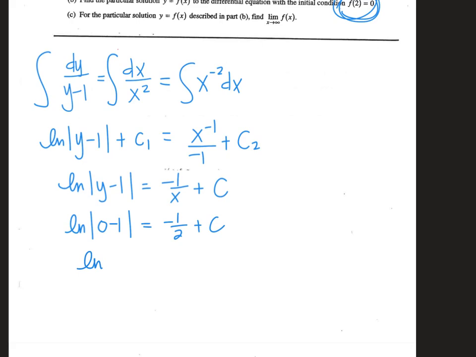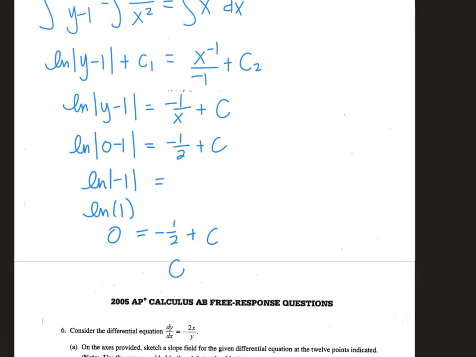So we want the natural log of the absolute value of negative 1, which is the natural log of positive 1, which is 0. And then we've got negative 1/2 plus c. So c turns out to have a constant value of 1/2.